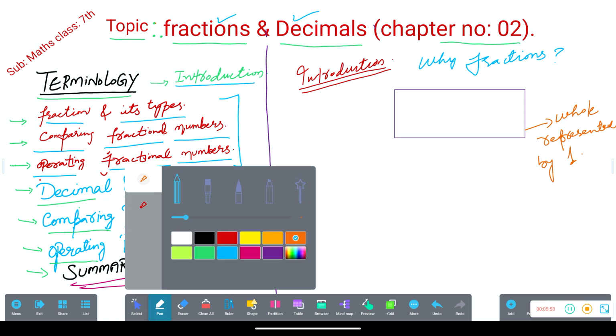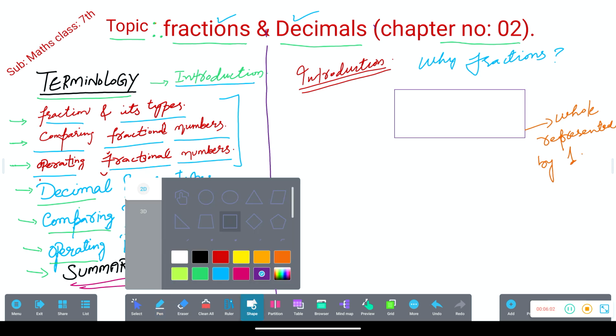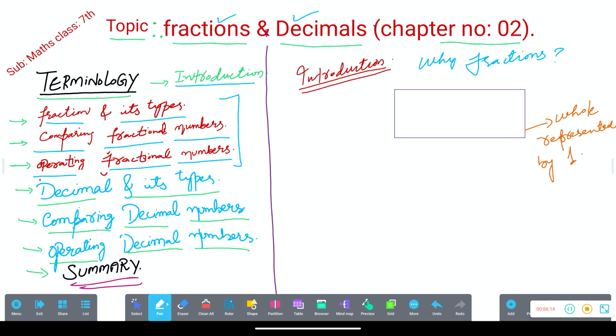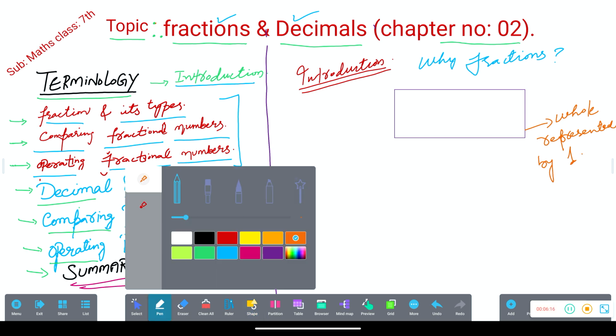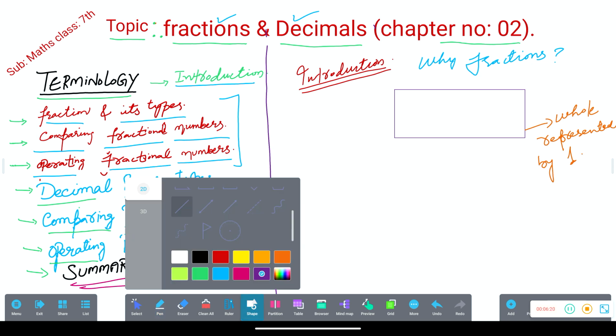Now, suppose I have to divide this rectangle into parts. I have been asked to divide it into, suppose, 8 equal parts. So let me divide it into 8 equal parts.